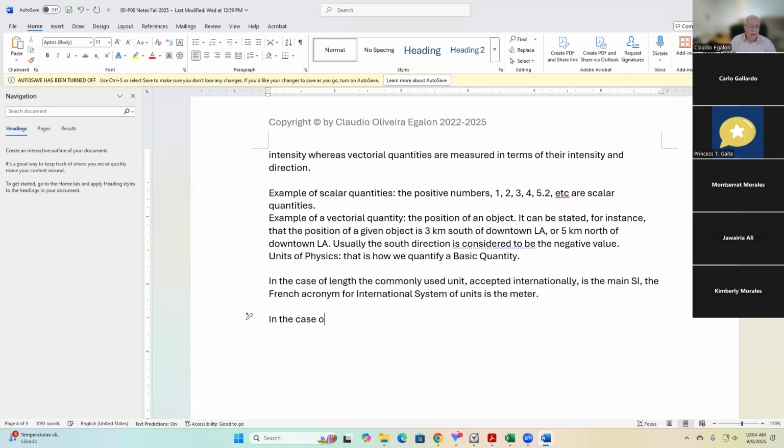In the case of time, the SI unit is the second, abbreviated by s. In the case of length, the commonly used unit is the meter.